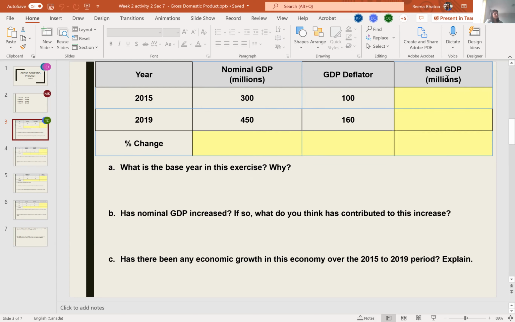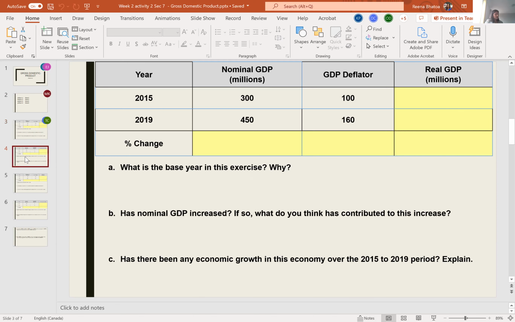Calculate real GDP for both years. Percentage change means growth rate. So you will calculate the percentage change in nominal GDP, then GDP deflator, and then whatever your real GDP is there. Then you're going to answer these questions. For base year, just check which one you think is the base year here.